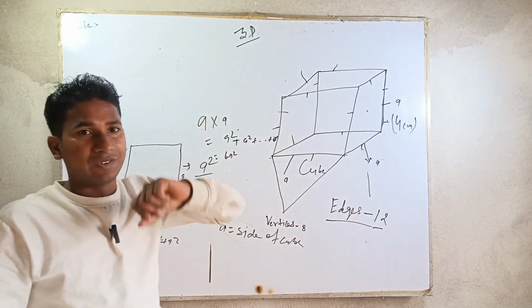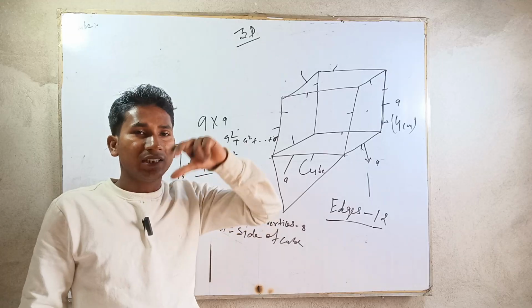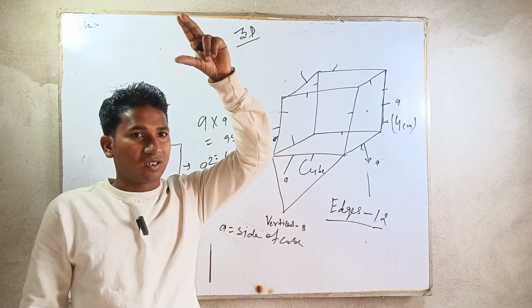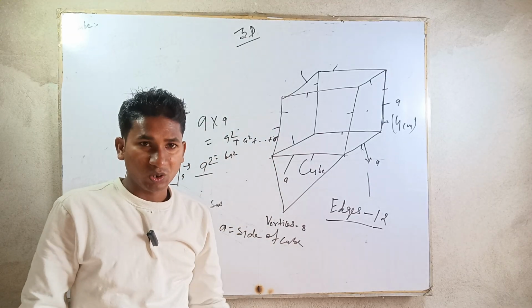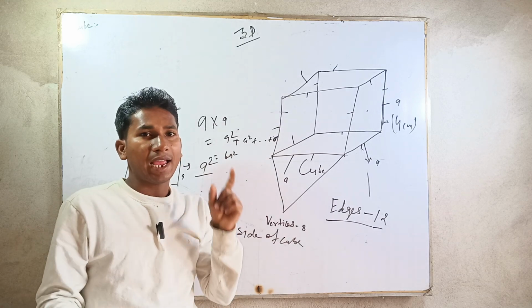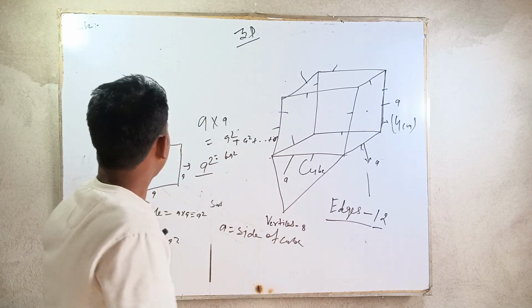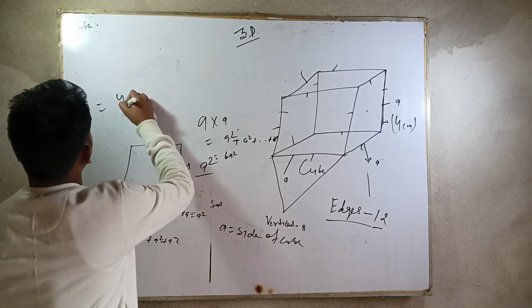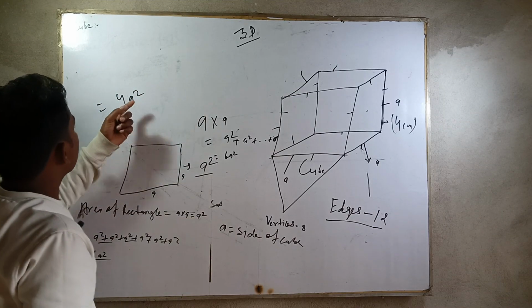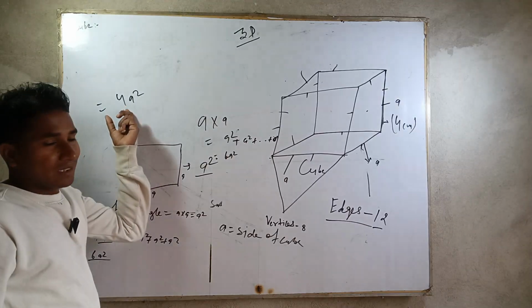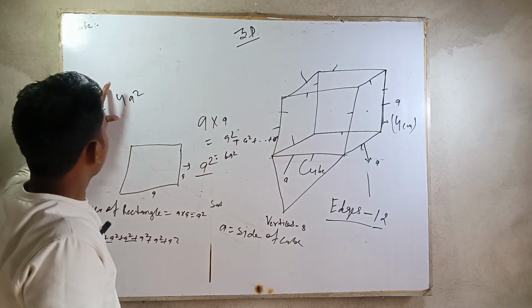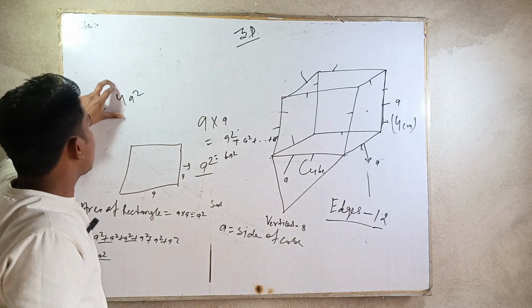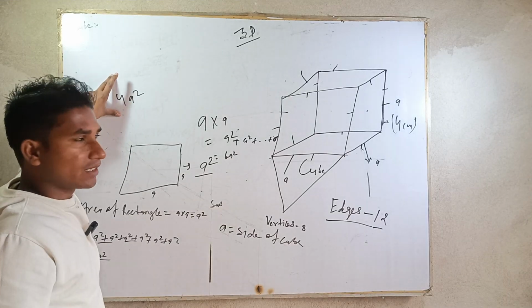If I leave out the ceiling and ground level, then I have only four areas of a square. This is called the lateral surface area of the cube, equal to 4a square, because the cube has 6 faces in all.